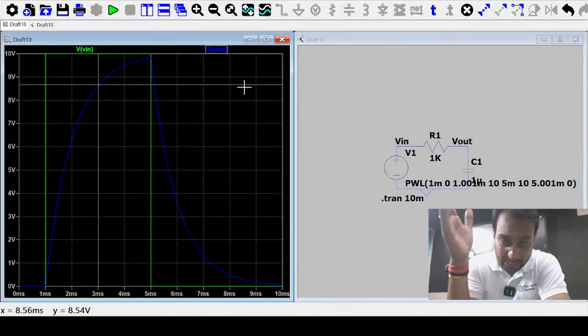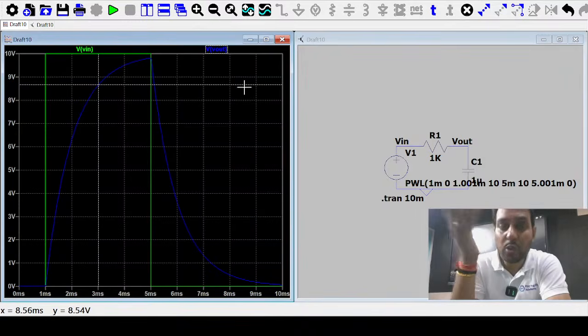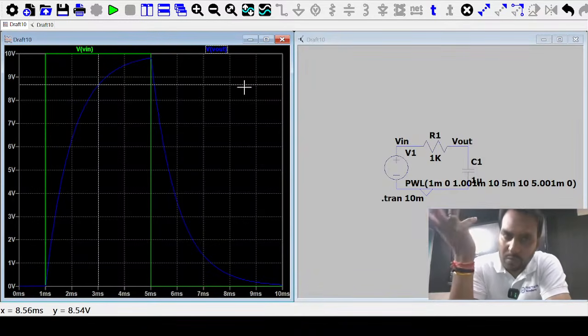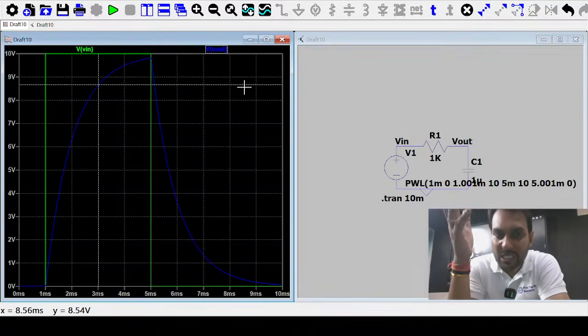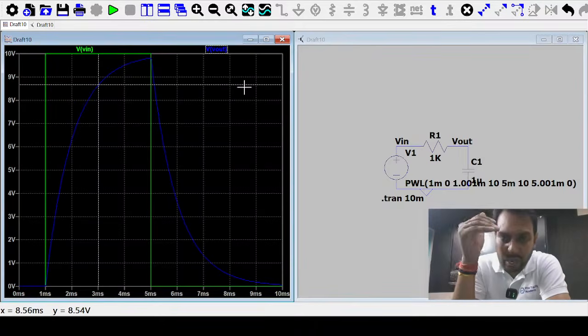So 2 millisecond upon tau of 1 millisecond gives 1 minus e to the power minus 2, into 10, which is nearly 8.6. That is 86%, reached at 2 tau. So this is the way the capacitor is charging or discharging here.